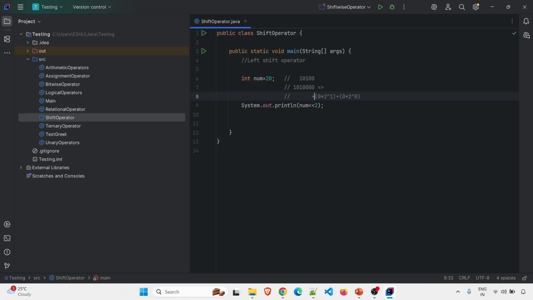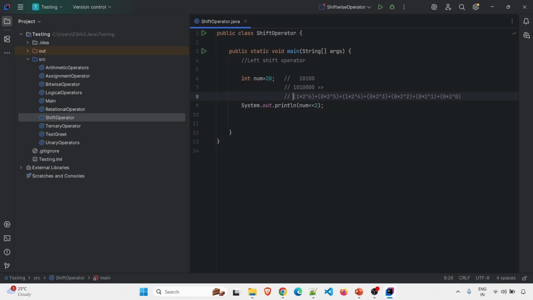Now plus 0 multiplied by 2 raised to 2. Again plus 0 multiplied by 2 raised to 3. Now again plus 1 multiplied by 2 raised to 4. Again plus 0 multiplied by 2 raised to 5. Again plus 1 multiplied by 2 raised to 6.